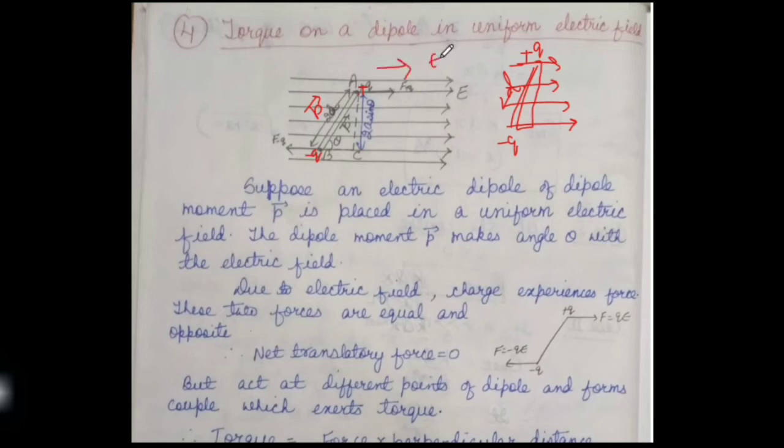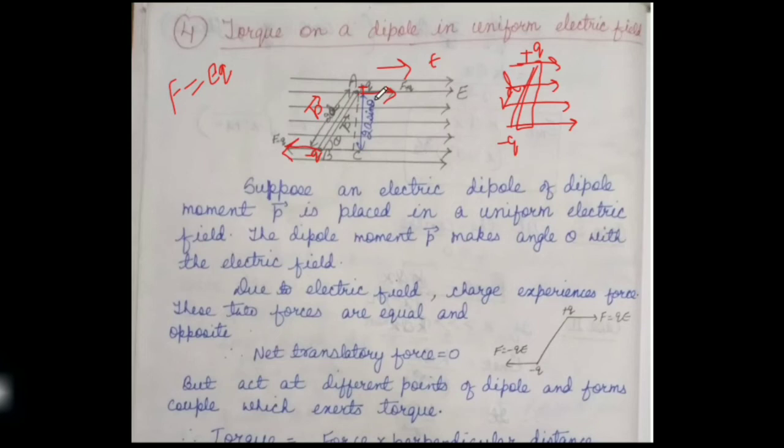Due to this electric field, each charge experiences some force. And what is the force due to an electric field? F equals E into q, right? So the plus q charge experiences a force in this direction and the minus q charge experiences a force in this direction, right?